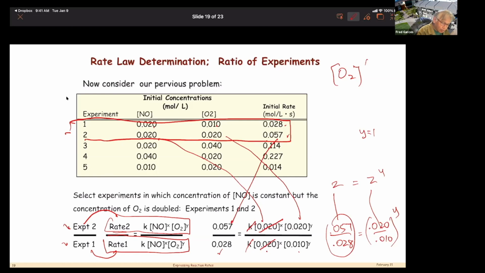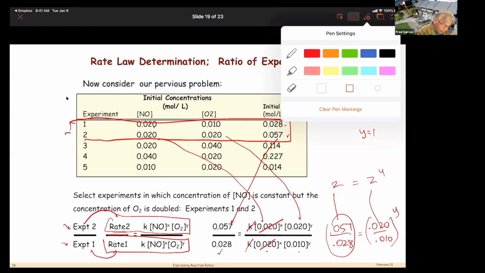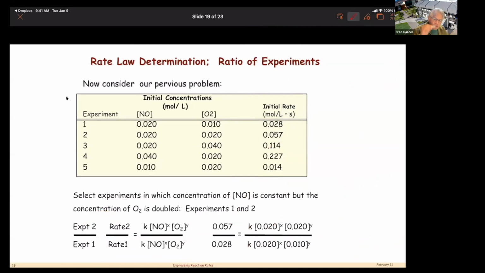Let me clear my slate here, sorry. We pick 2 experiments in which the oxygen now is constant. So we can pick these 2 right here because the oxygen is constant, or these 2 right here, or these 2 right here. So I can pick experiments 2 and 4, or experiments 2 and 5, or experiments 4 and 5.